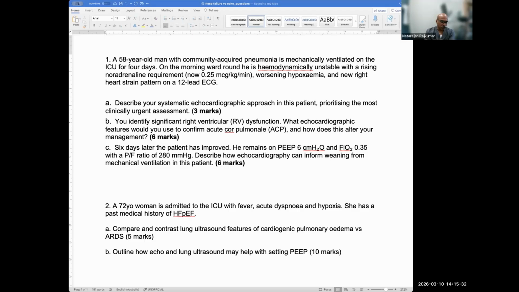Then I'll be focusing on RV and LV contractility optimization, whether this patient needs any bridging inotropes to wean this patient before extubation. And then the main focus, especially in this patient, will be on diastology. I look at the E velocity, the decel time, the E prime, mainly the E to E prime ratio, as well as the E/A ratio.